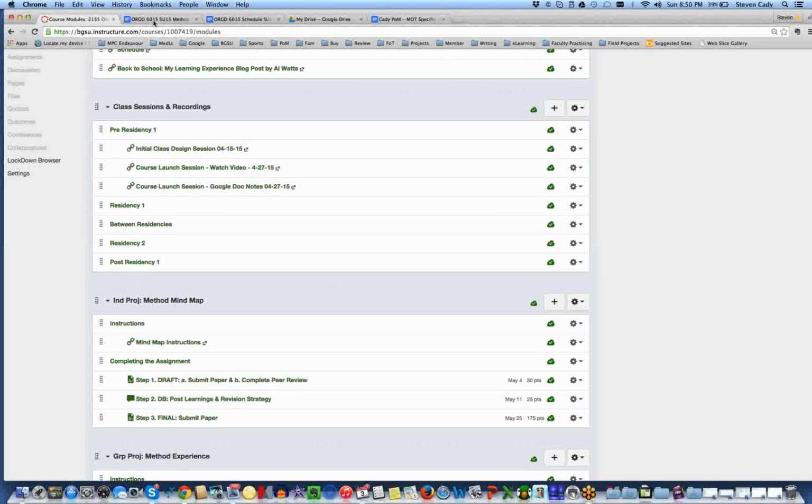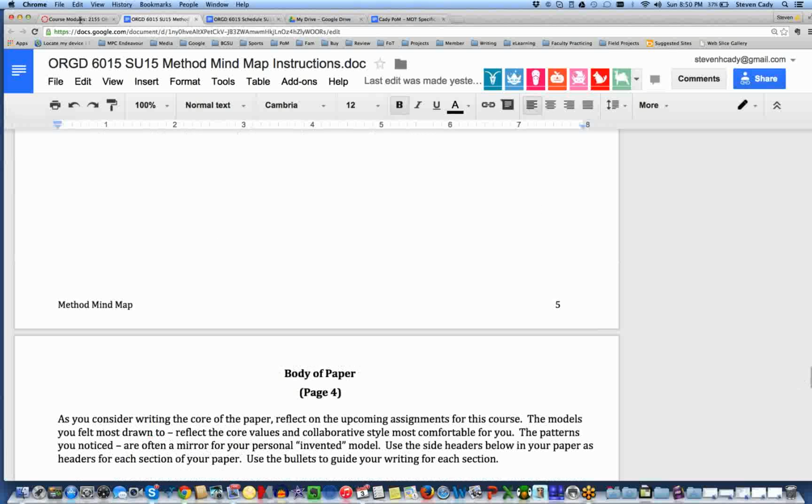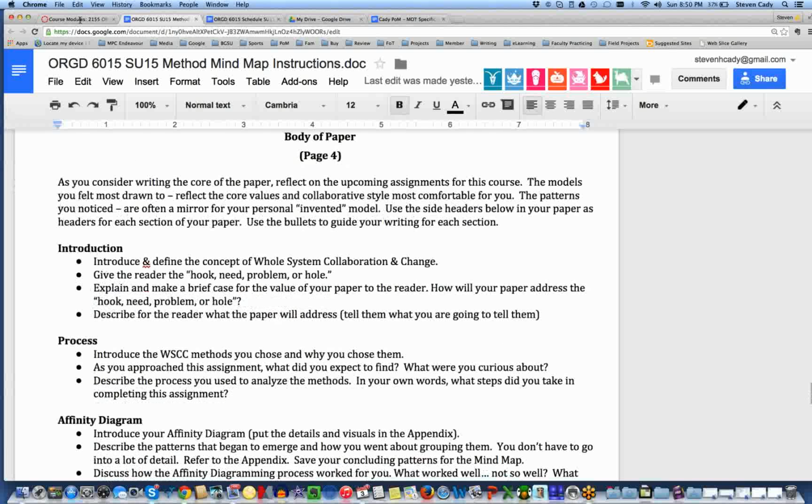And how was the experience for you in writing your draft? How was getting it done? What was that like for you? It seemed overwhelming at first, but once I got going, it wasn't so bad. Obviously, I could speak more to the affinity diagram process and the mind mapping process, so those sections are not complete, but they're definitely more filled out.